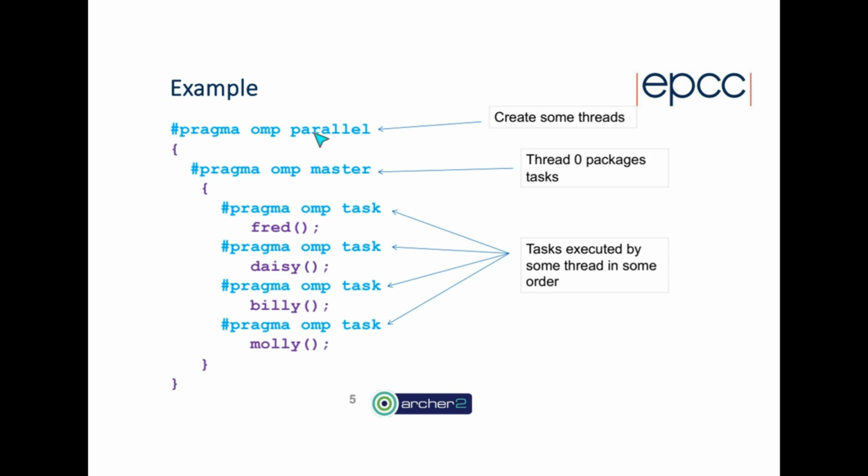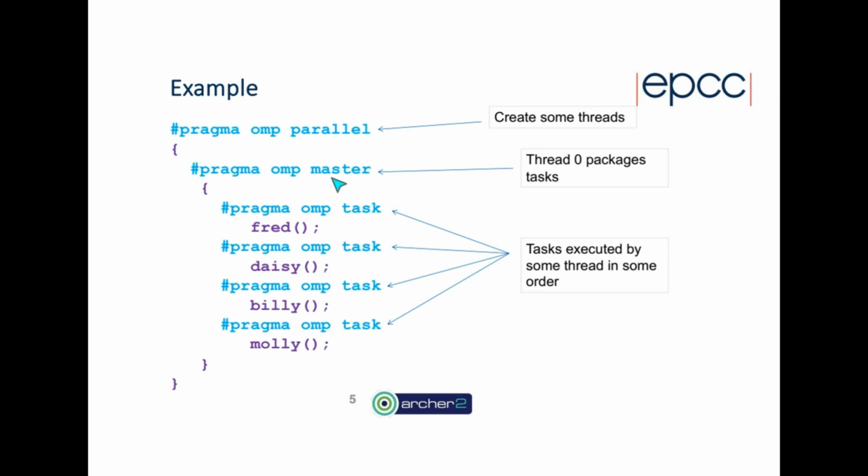And a common pattern for tasks is to have one thread only generate the tasks. Okay. So in this case, I've used a master construct so that it's thread 0 specifically that is going to generate all the tasks and make them available for other threads in the parallel region to execute.